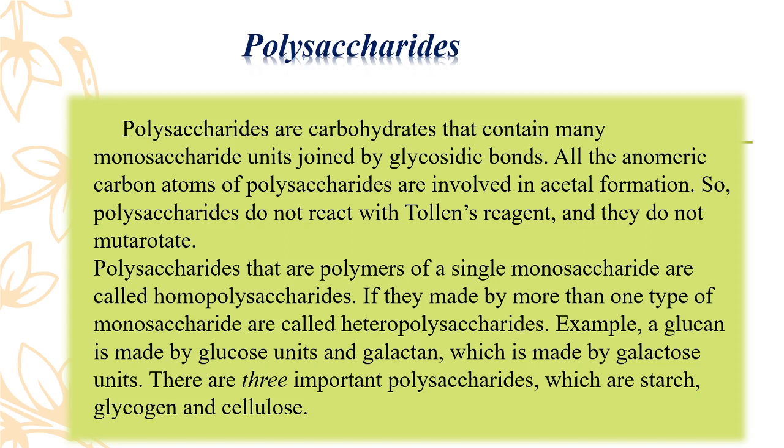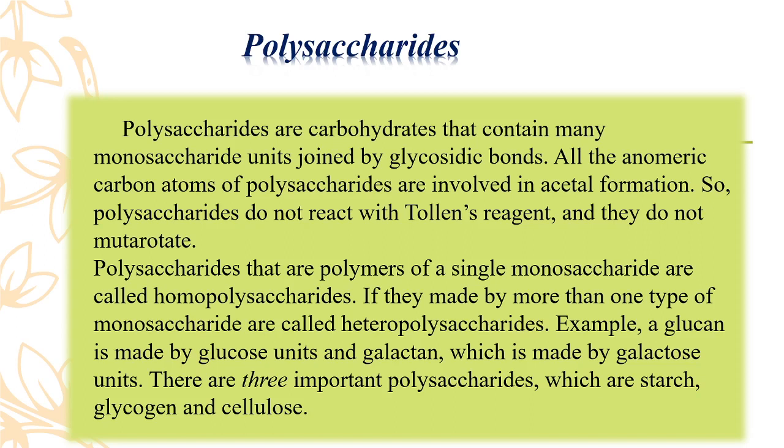Same in the polysaccharide, more than 2 sugar units can be joined via glycosidic linkage. So for the glycosidic linkage, there is an involvement of the anomeric carbon or anomeric OH of the first monosaccharide and the second hydroxyl group of the second monosaccharide or a disaccharide.